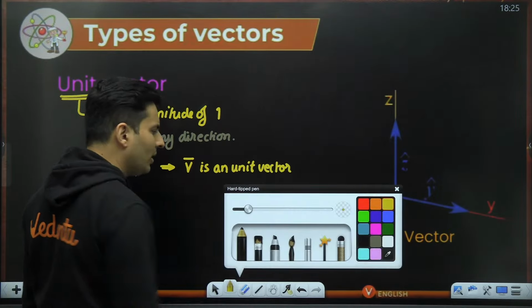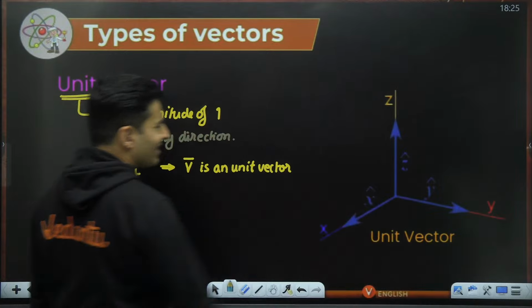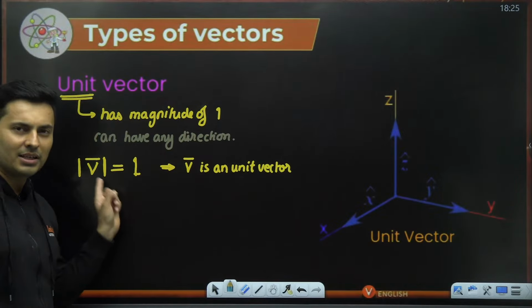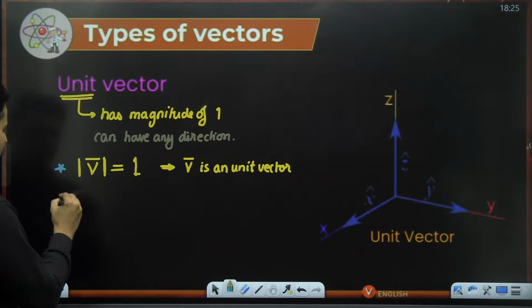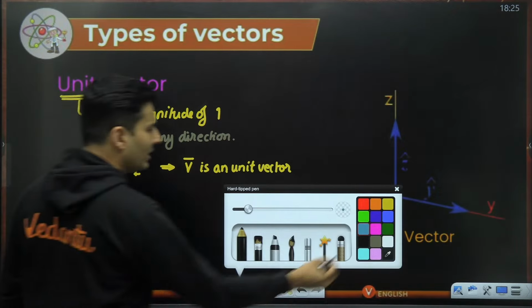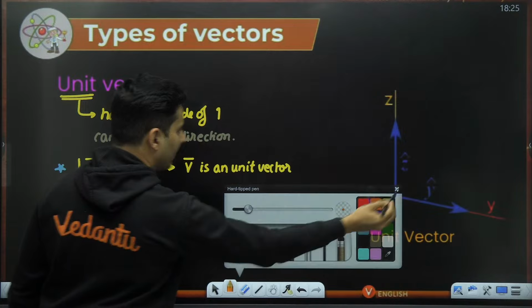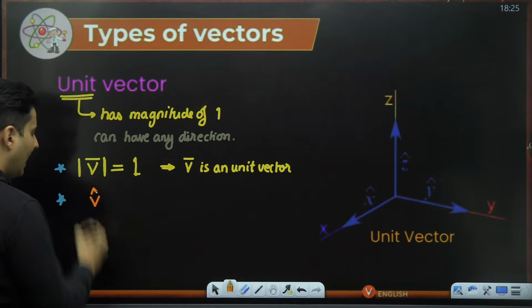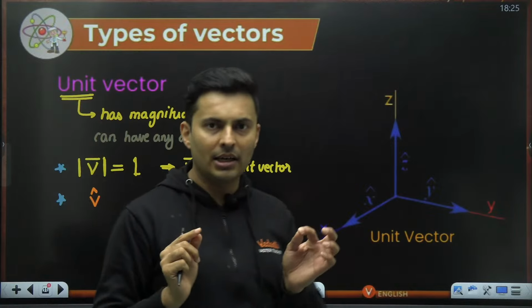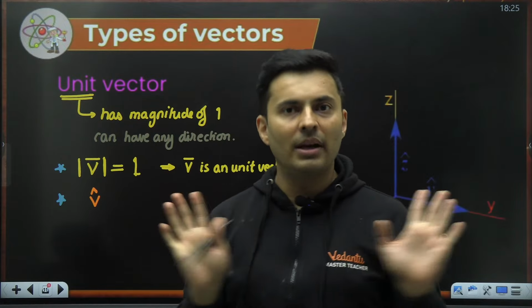But sometimes I don't like to always say these many words or use these many symbols. I can just use a simple way of representing a unit vector, and that is, for example, v hat. v hat means it's a vector whose magnitude is 1.